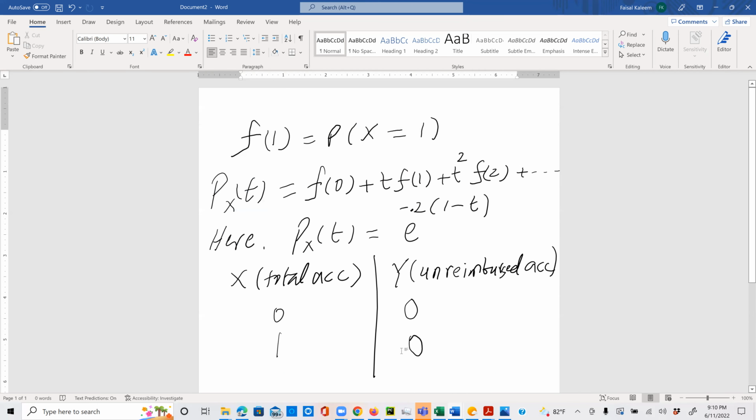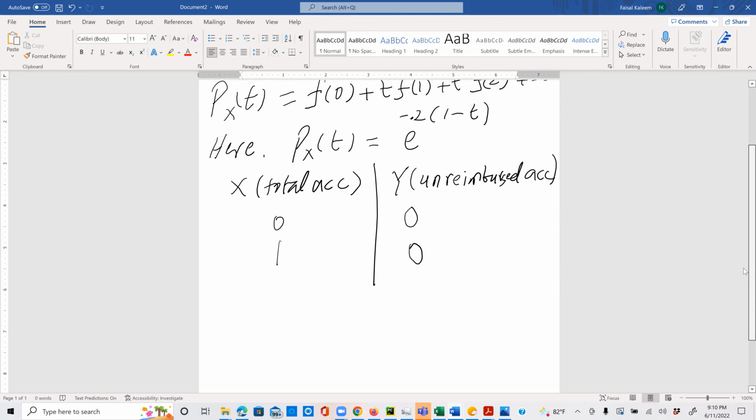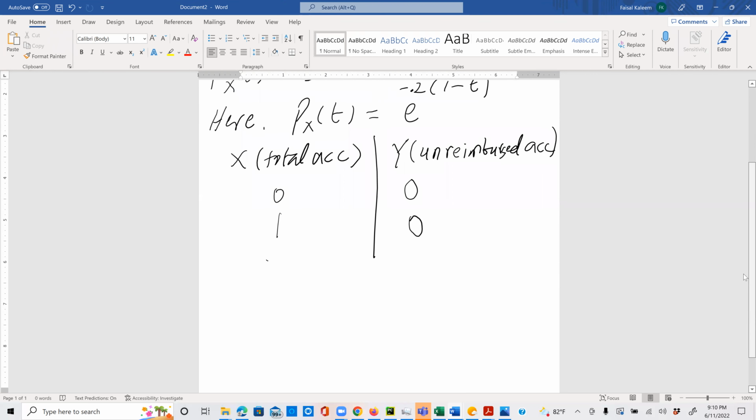So that means, again, there will be no unreimbursed accidents. But if we have 2 accidents, then only 1 of them will be reimbursed, and that means we'll have 1 unreimbursed accident. Similarly, if we have 3 accidents, 1 of them will be reimbursed, which means there'll be 2 that will not be reimbursed, and so on.